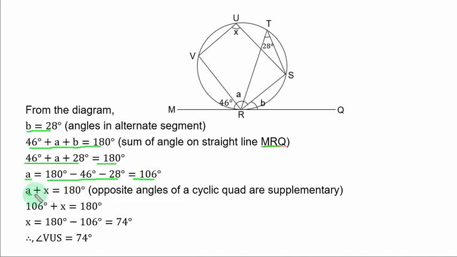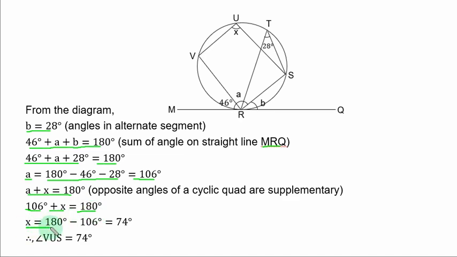Now A plus S equal to 180 degrees. Opposite angles of a cyclic quadrilateral are supplementary, and A is 106 degrees plus S equal to 180 degrees.